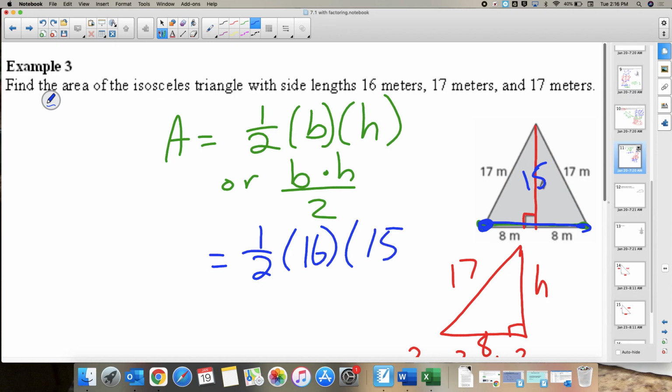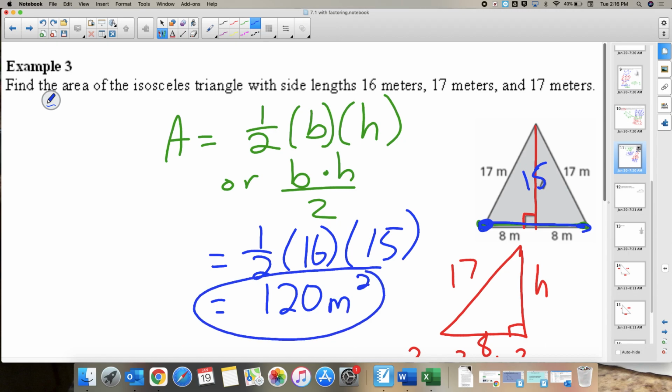Our height we just found to be 15. So 1/2 of 16 is 8. 8 times 15 is 120. Looking at your units, everything is in meters. So my answer is 120 meters squared.